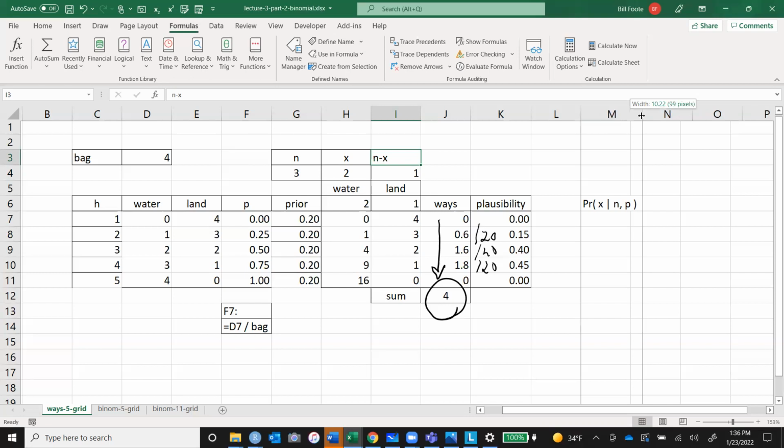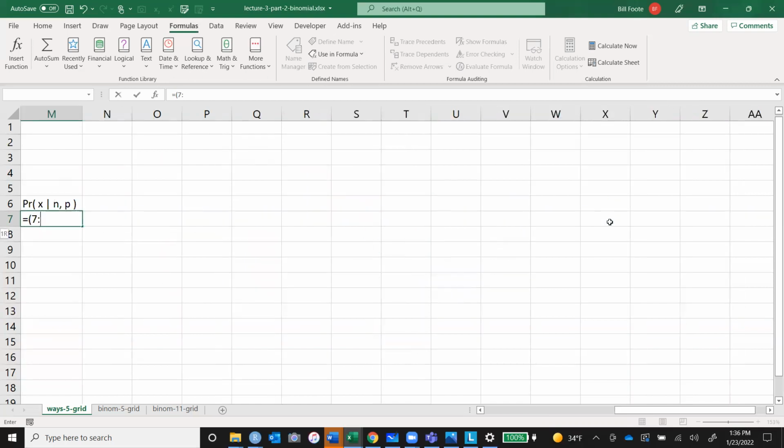Not much more. So the first one here is we're going to calculate equals the number of ways. Notice there is a factorial item there.